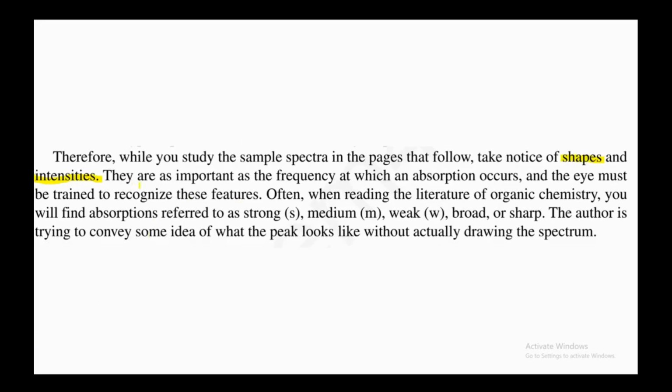They are as important as the frequency at which absorption occurs, and the eye must be trained to recognize these features. Often when reading the literature of organic chemistry, you will find absorption referred to as strong (s), medium (m), weak (w), broad or sharp. The author is trying to convey some idea of what the peak looks like without actually drawing the spectrum.